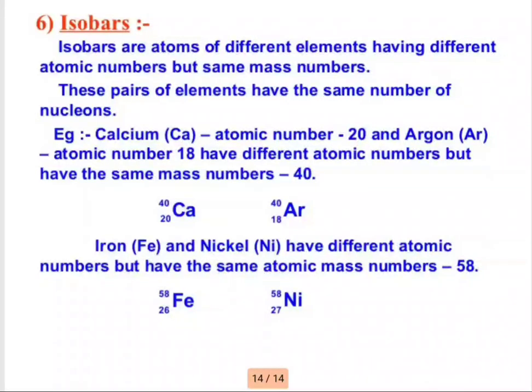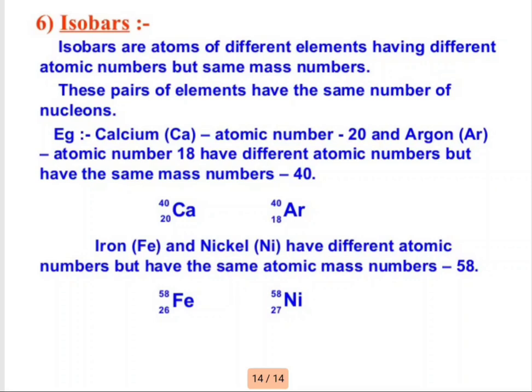For example, calcium has atomic number 20, argon has atomic number 18. They have different atomic numbers but the same mass number, 40, because their neutrons are different.